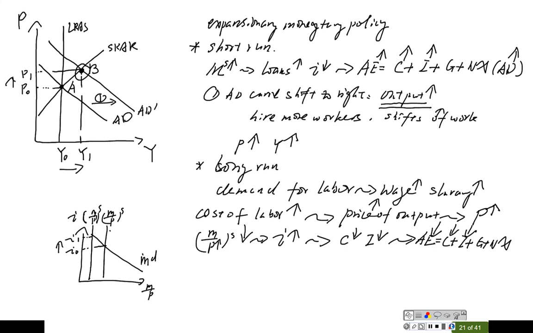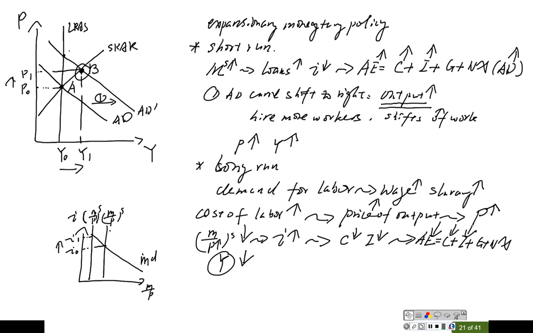So the output of the whole society starts to reduce, and the economy moves from B to C.